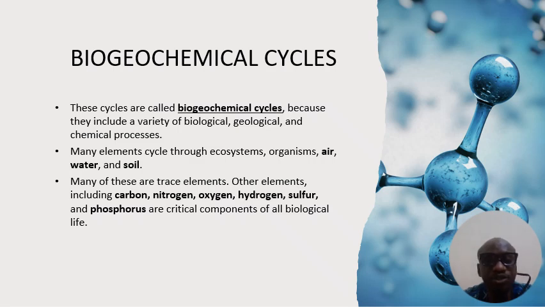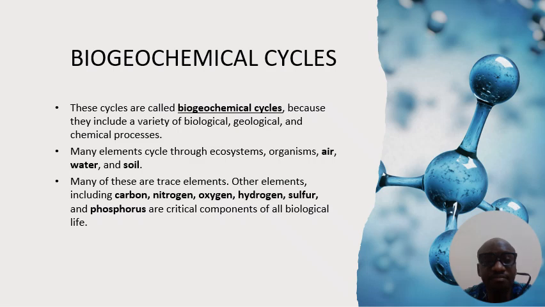So the biogeochemical cycle is composed of these three major aspects: the biological, the geological, and the chemical processes. Together, these processes ensure that matter is recycled and reused rather than being lost into the environment.